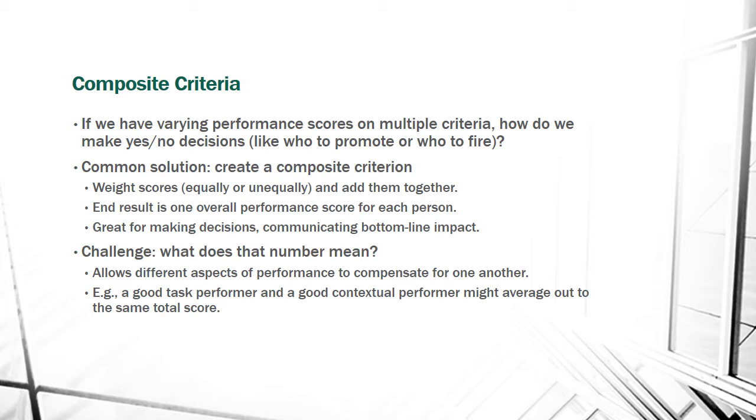Did they get it because they were really good at contextual performance? If somebody has a really high score on the composite, it's probably safe to assume they're good at everything. But once people's scores are in between, there's different ways they might have gotten to that same score. So it's not as helpful if we are trying to give developmental feedback or if we're trying to really understand the details of a person's performance.